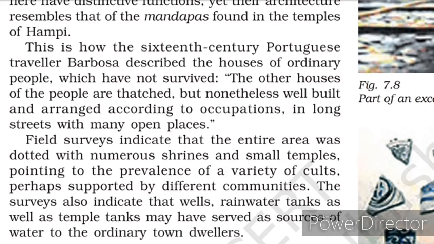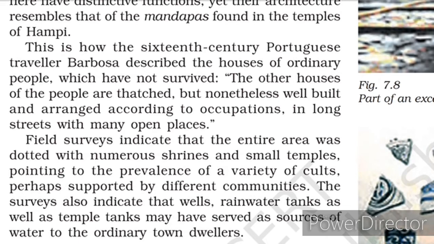Barbosa, a Portuguese traveler, mentioned the houses of ordinary people, which have not survived. What he said is that the other houses of the people are thatched, but nonetheless were built and arranged according to occupation in long streets with many open places.